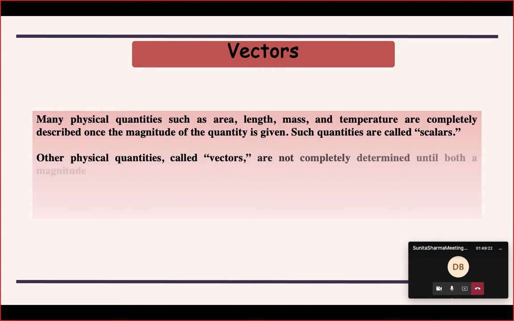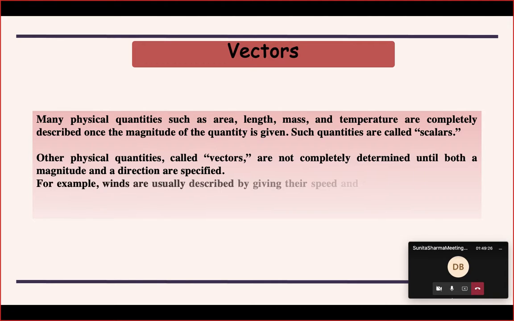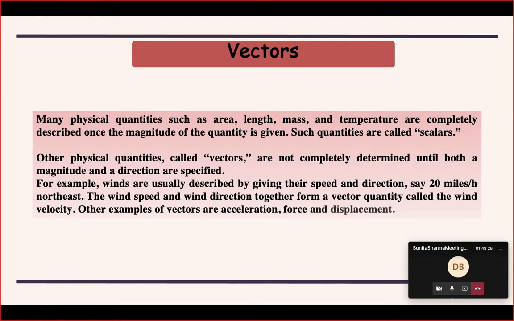And some quantities have a direction associated with them. Those are called vectors. Usually quantities like velocity. Velocity is analogous to speed, but along with the speed, if you specify direction, you get to know the velocity.